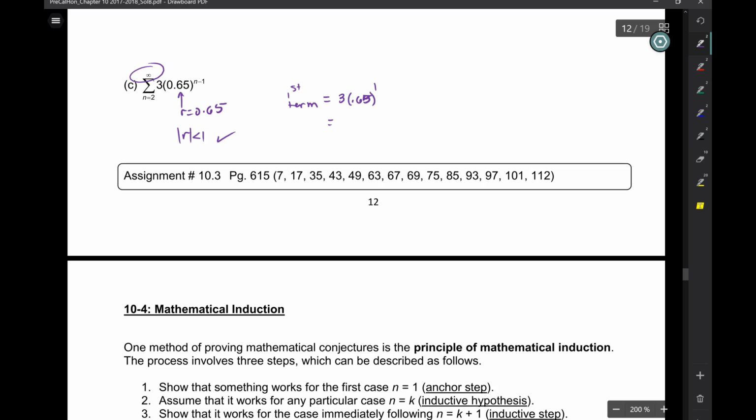It's actually 1.95. So S is 1.95 over 1 minus 0.65. So look, you take a sum of an infinite number of numbers, and it just turns to 39 over 7. How cute is that? Okay?